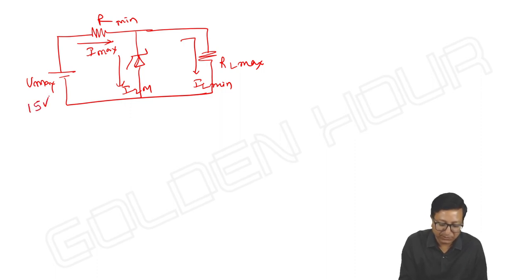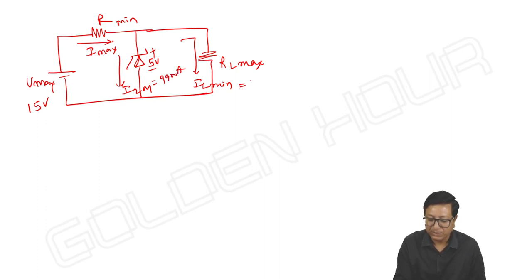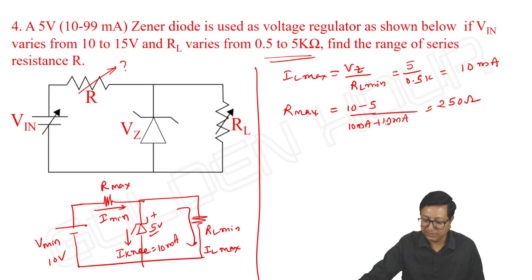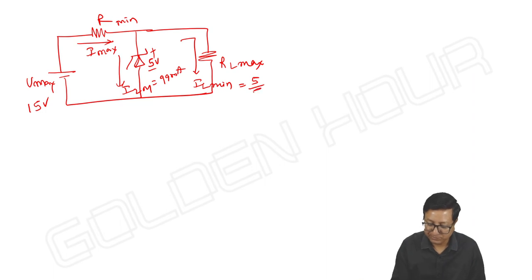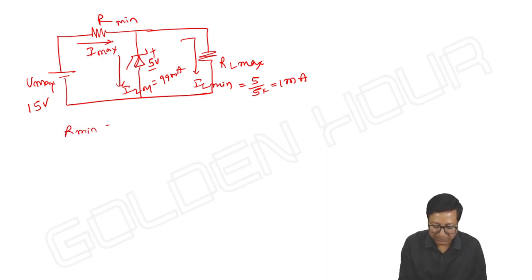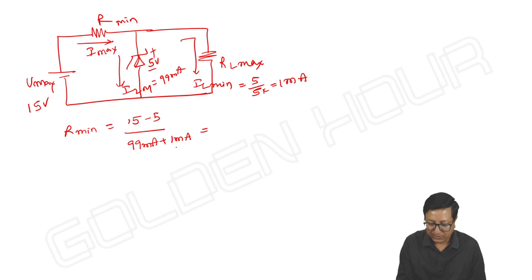We know that it is 15 volts, and 5 volts breakdown voltage. IZM is 99 milliampere. IL maximum is VZ 5 by RL maximum, I think 5K, so 1 milliampere. So what about R minimum? 15 minus 5 by 99 milliampere plus 1 milliampere. It is 10 by 100, so 10 by 0.1, 100 ohms.